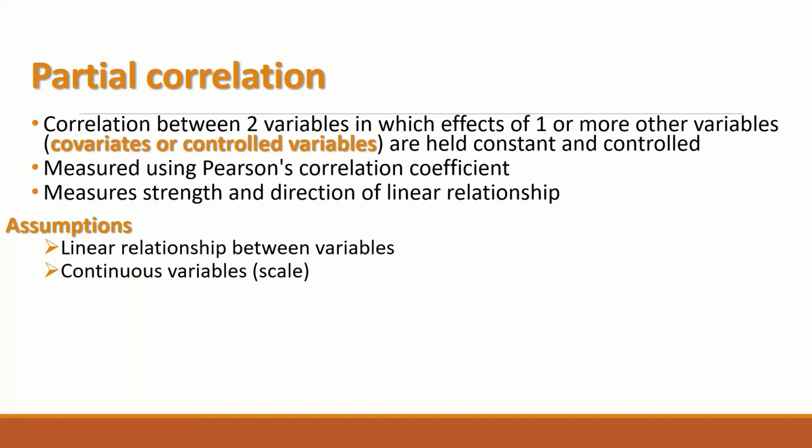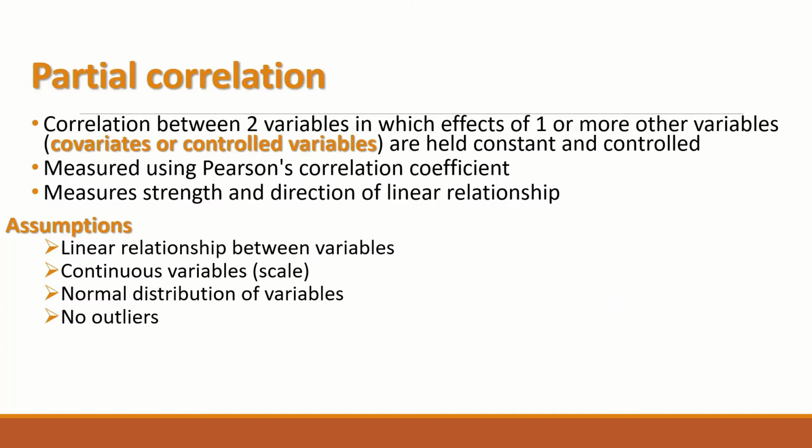The variables should be continuous, on a scale such as interval or ratio, a number from 0 up to infinity. The two variables should be normally distributed, which has to be checked in advance before doing the partial correlation test.